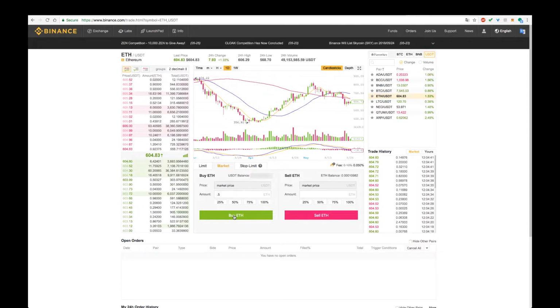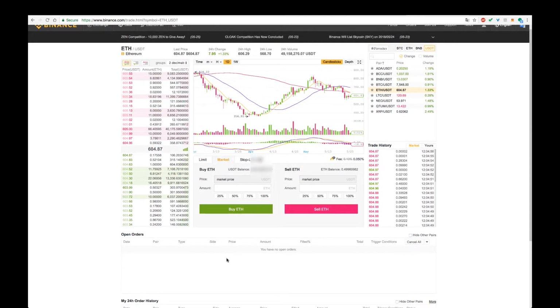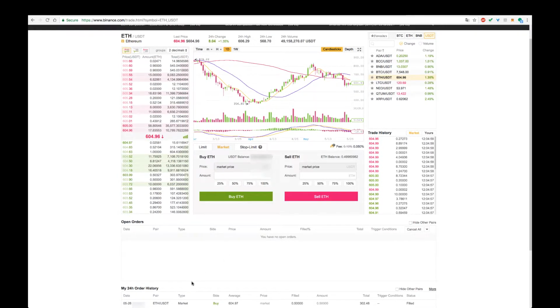So let's buy half an Ethereum. And on Binance, you have to put a leading 0, which is really lame. Order submitted. And then it never shows up in open orders because it happens immediately. But if you look at the 24-hour order volume, here's my half an Ethereum.